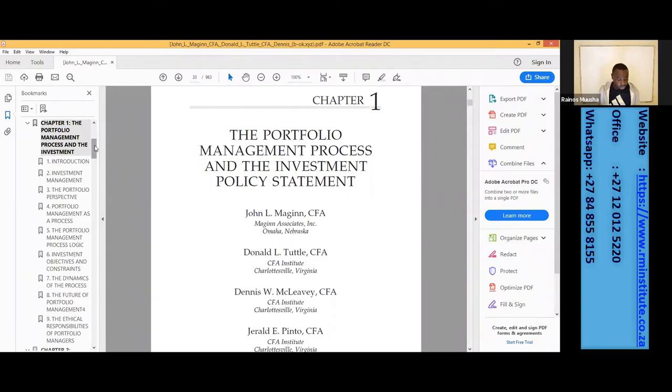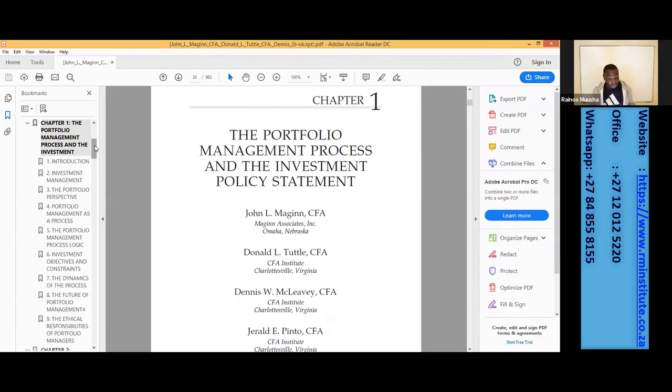So the first 3 chapters are mainly geared towards that process of creating the investment policy statement for the client.